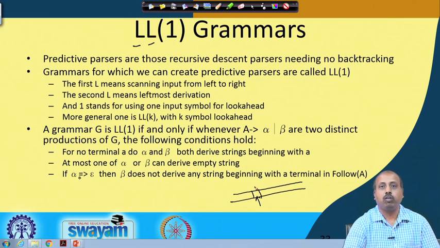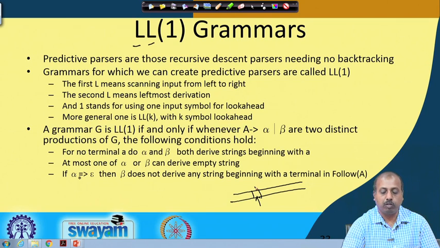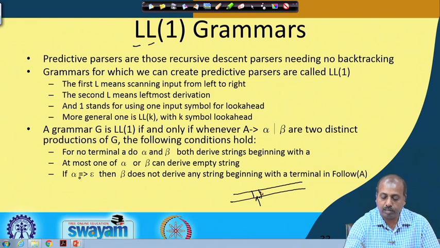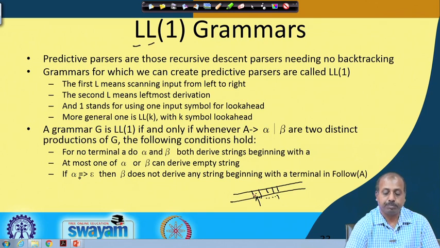If it is looking only at the current symbol, then we will be calling it LL1 grammar or LL1 parser. The decision is taken based on the current symbol only. If you need to check k more symbols ahead to take a decision, then the grammar will be called LLK grammar and the parser will be called LLK parser.